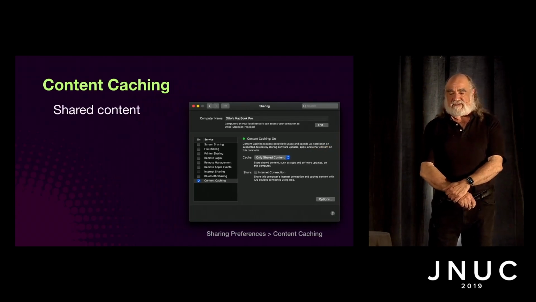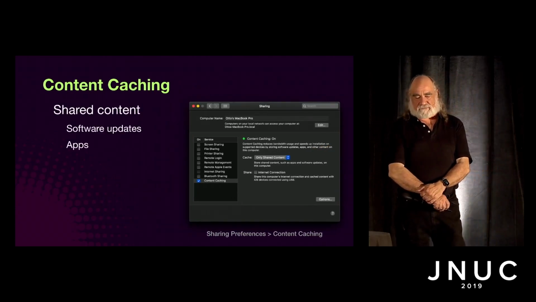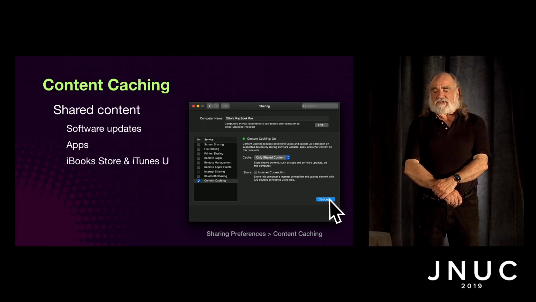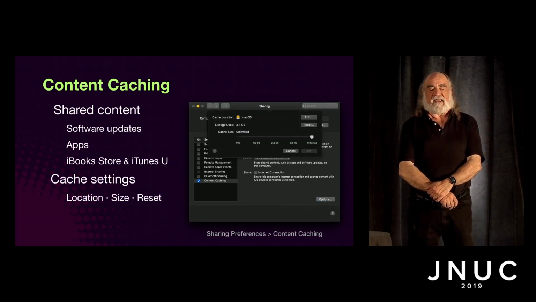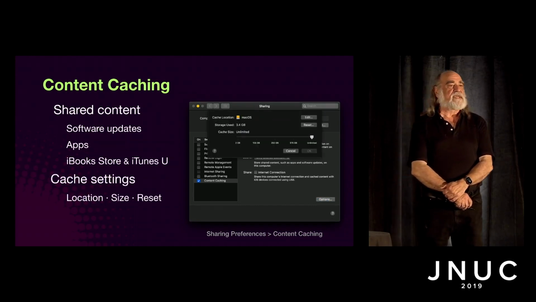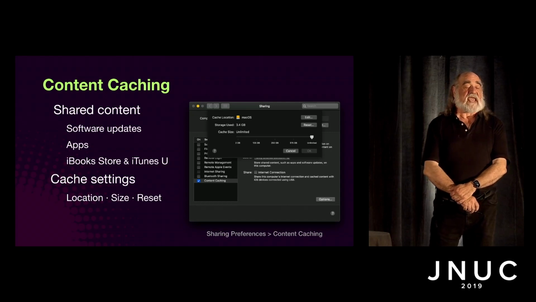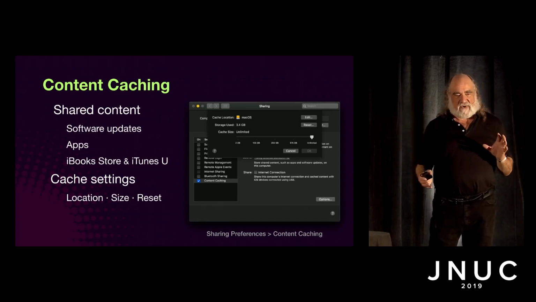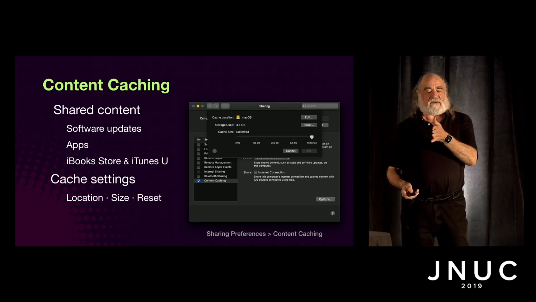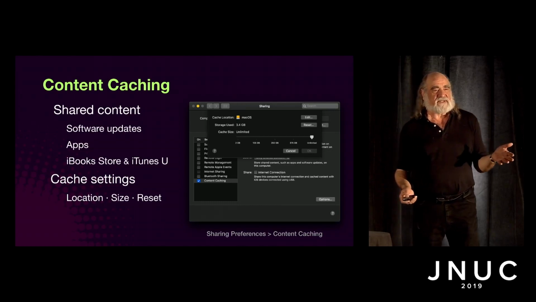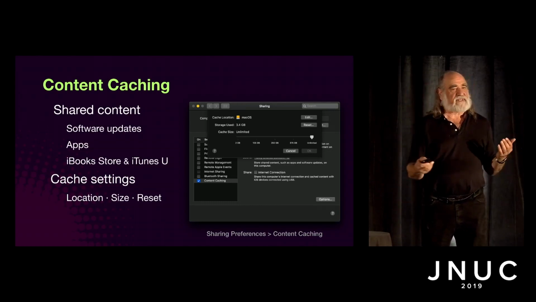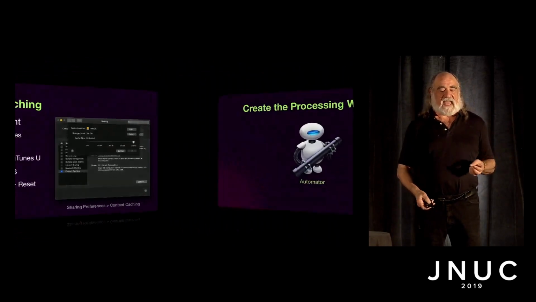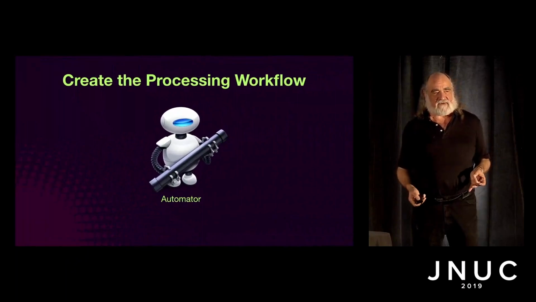If you select the options button, you can also determine how big the cache is going to be, where it is, and you can even limit the caching server to a specific zone of your network so that it's not bleeding out all over the place. And all of that is built into the operating system. You have that just natively available to you, and all of this takes advantage of this.